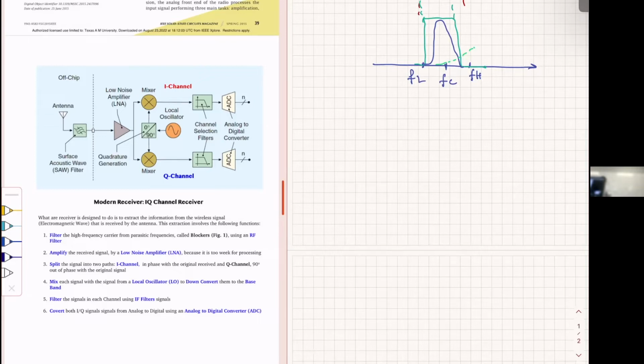And then as a byproduct from the mixing, what does it do? The mixing creates a very low frequency, which is the difference between the local oscillator frequency and the carrier frequency, and higher frequencies, many others. Now, we want to keep the low frequency.